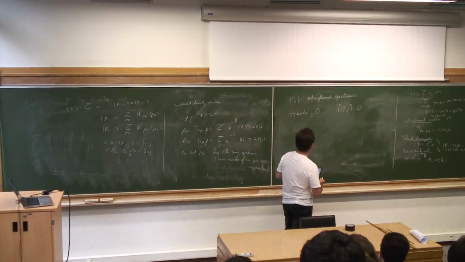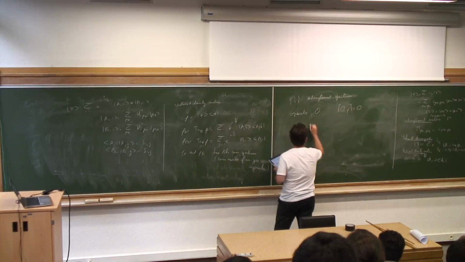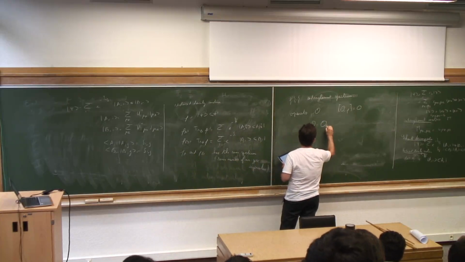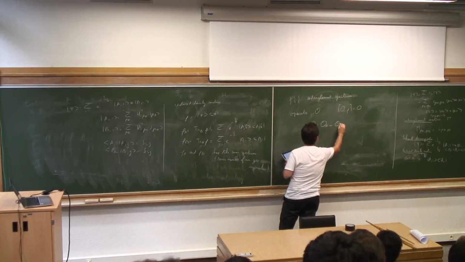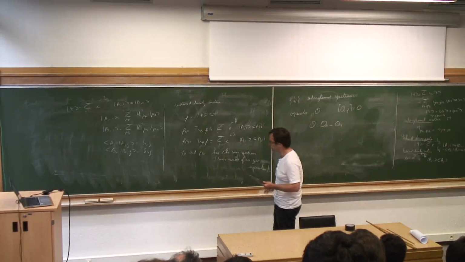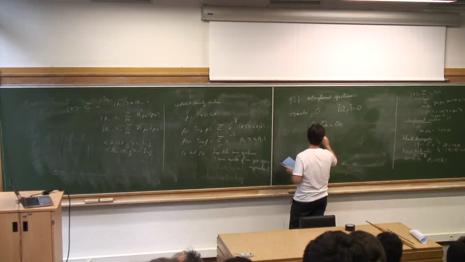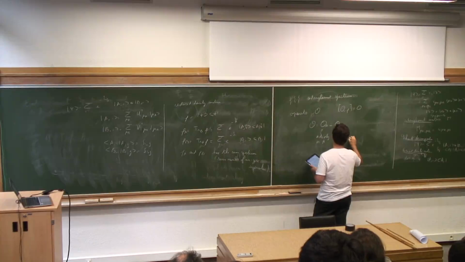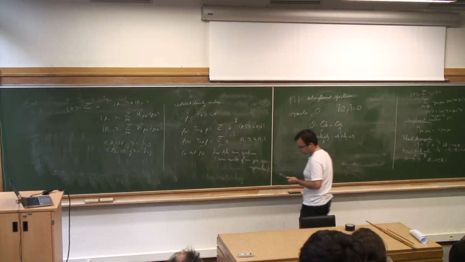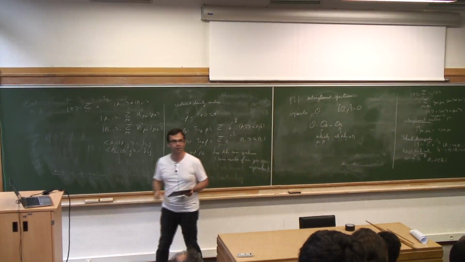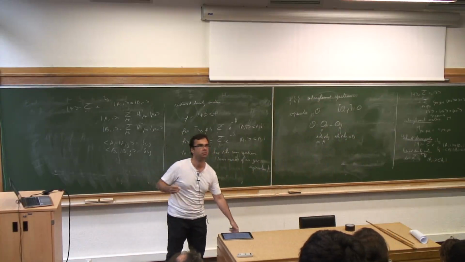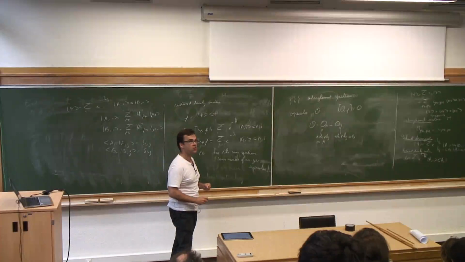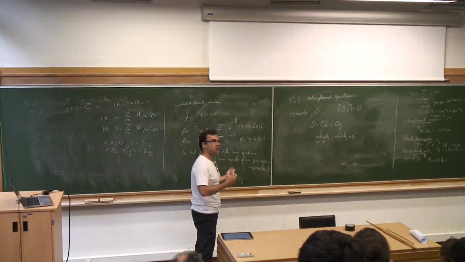Good. So now let's assume that O can be written as a sum of an operator that acts only on A, and this part only on B. Once again, think about the total SZ, sum over SZI.